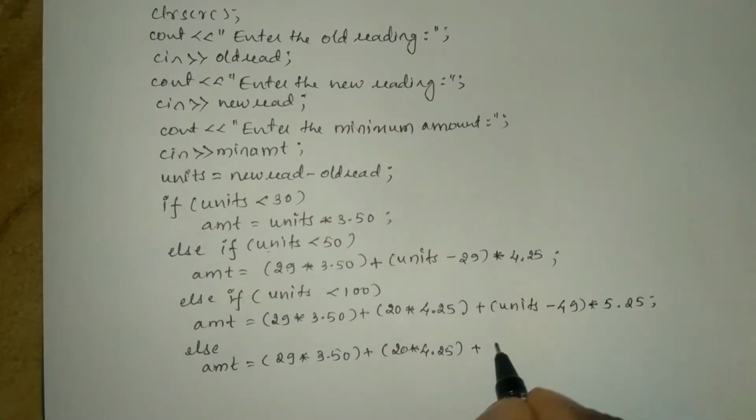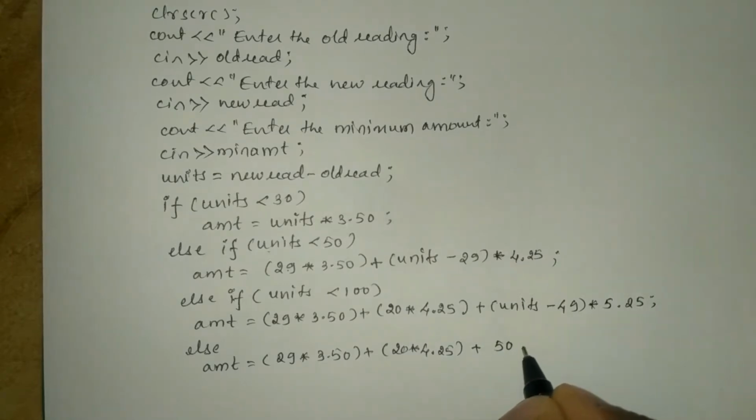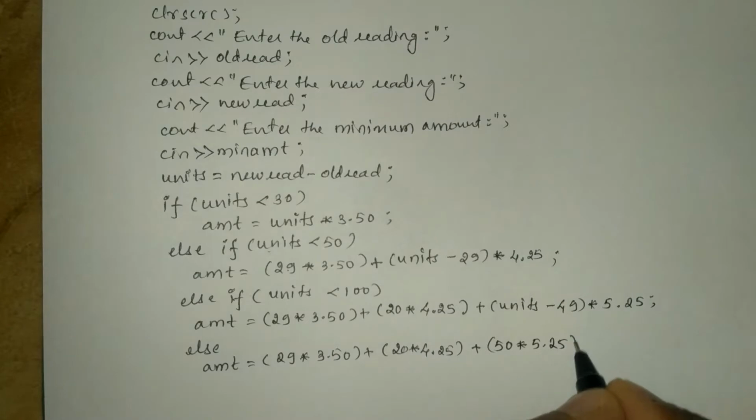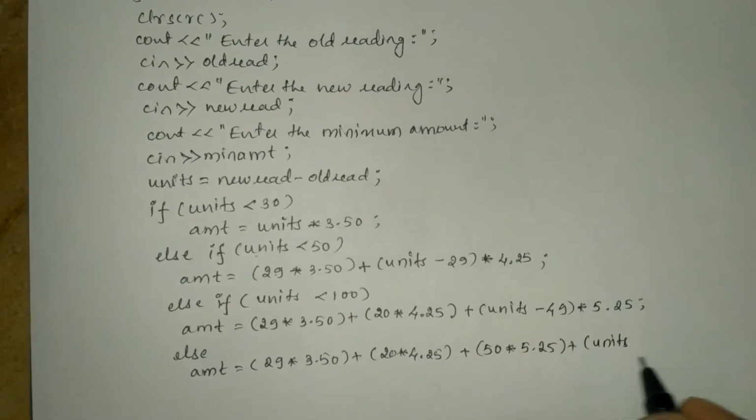So after subtracting 49 from 99, right? So we are going to write 50 into 5.25, right? Yes. Next plus units after 100th and 100 onwards.